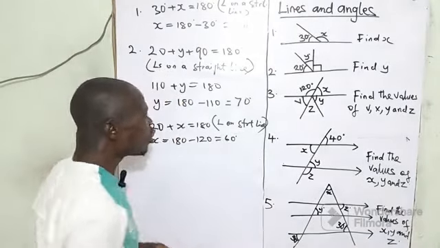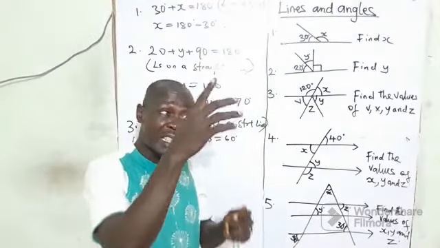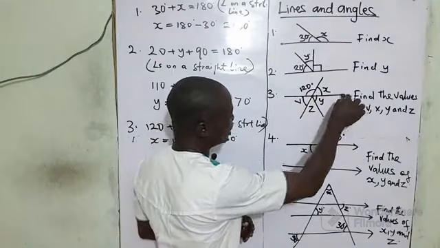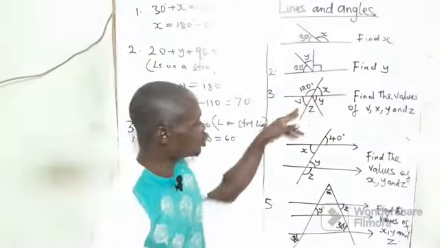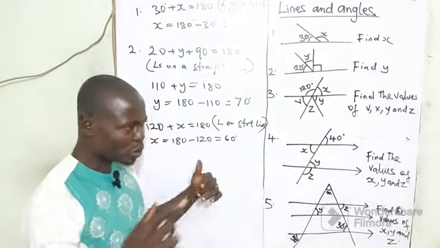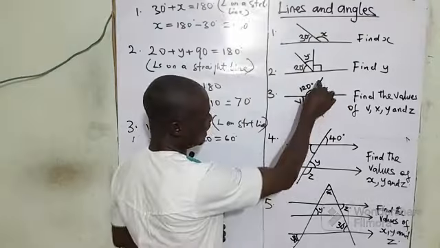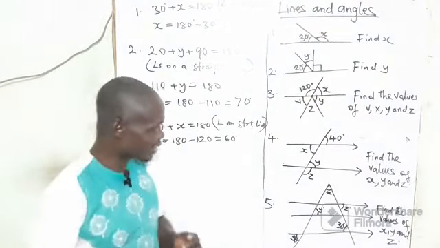If we recall, in our last class, we were able to say that when a straight line crosses another straight line, like we have here, the angles opposite are what? Equal. So we call that what? Vertically opposite angles. That means that x and v are vertically opposite angles. And we say that vertically opposite angles are what? Equal.